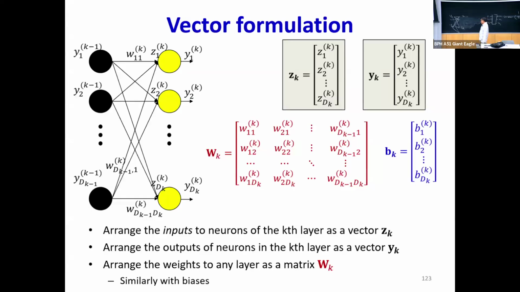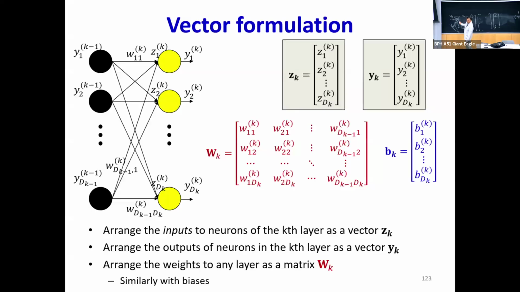So if I write this out, let me put all of the z's in a vector, z1 through zm. Let me put all of the y's also in a vector, y1 through yn. Then I can write a matrix out here where the first row of the matrix represents the set of weights going into z1, right?